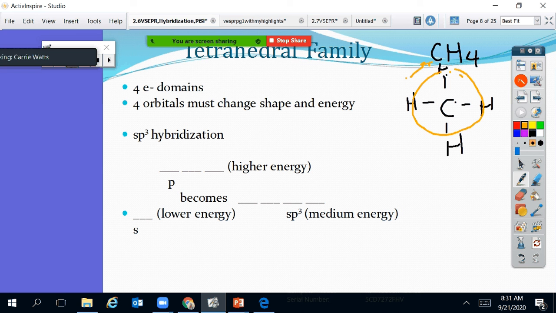But what happens is if you draw the valence electrons for just the carbon, you know that carbon has 4 valence electrons. Let me just draw the whole configuration: 1s2, 2s2, 2p4. Remembering that the only ones that are in the valence are these. I'm sorry, it's 2p2.